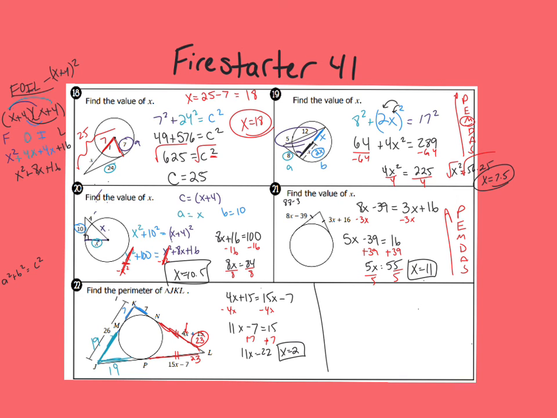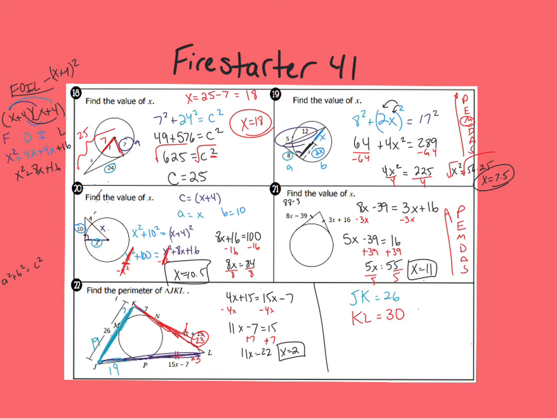I have everything filled out now. So JK is going to be this line right here, the all green line. That's going to be 26. K to L is 7 and 23, which makes it 30.